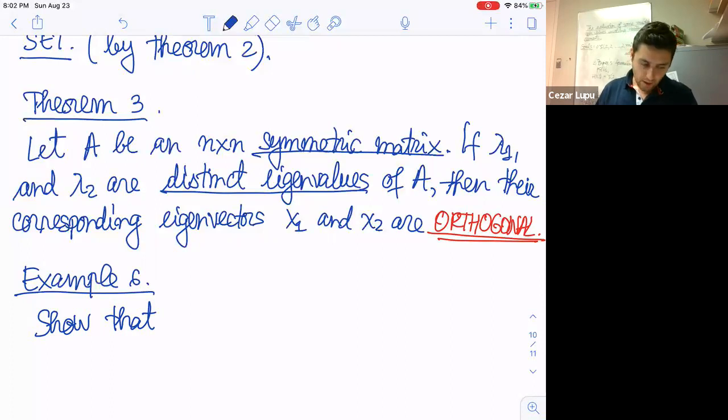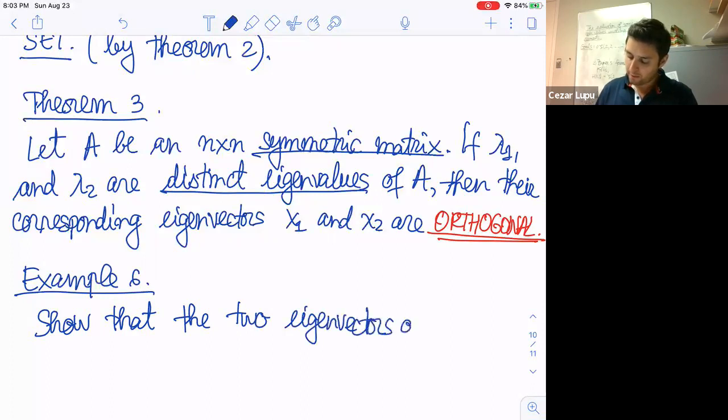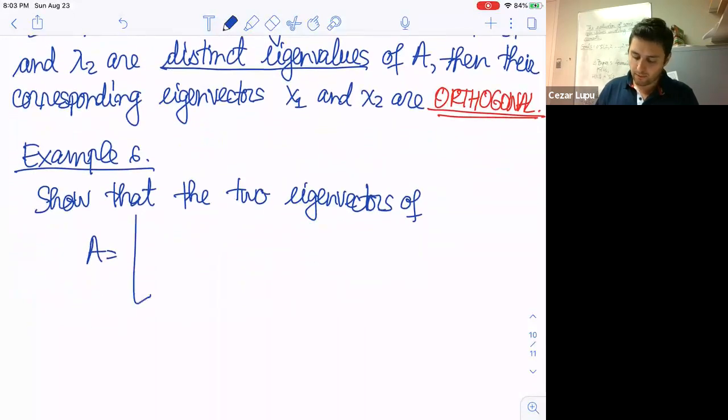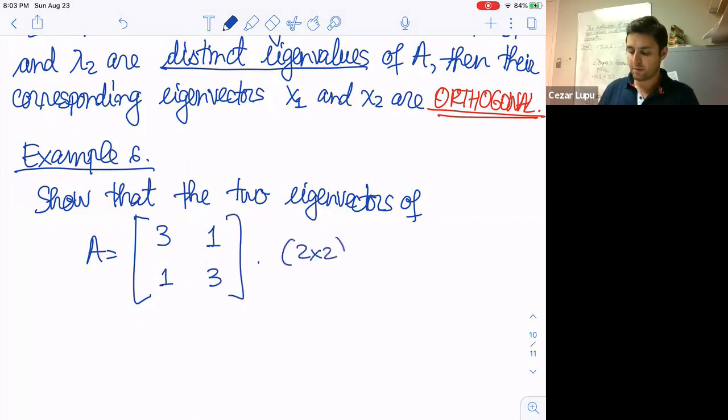Show that the two eigenvectors of the following matrix, let me take a simple one, 3, 1, and 1, 3. Of course, this is a 2 by 2 symmetric matrix.